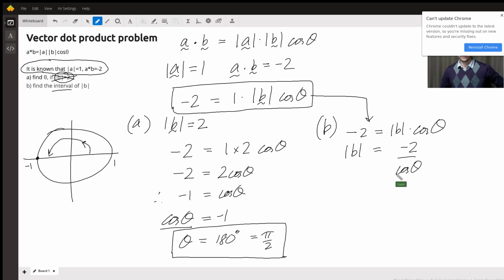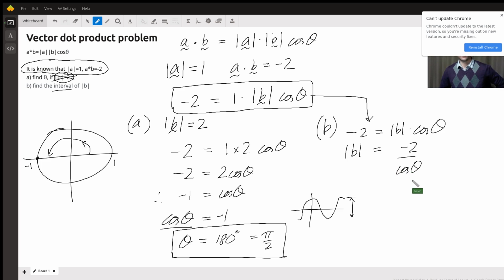But since cos theta is limited, as you've seen from the cos graph, the range of cos theta is from -1 through to +1. That limited range means there's a limited range on B, and that's what they're after.